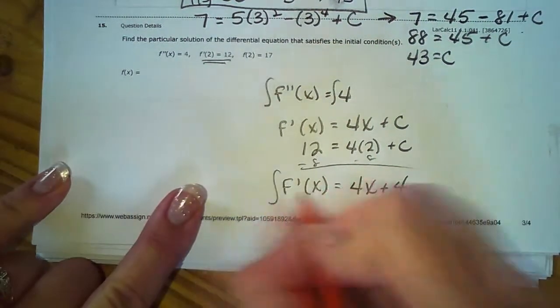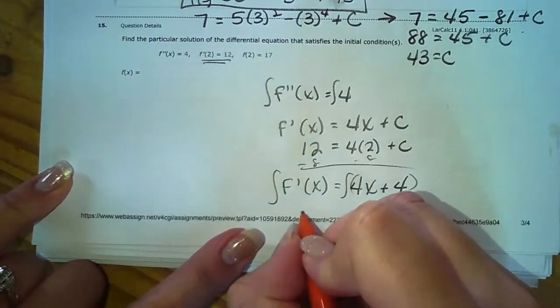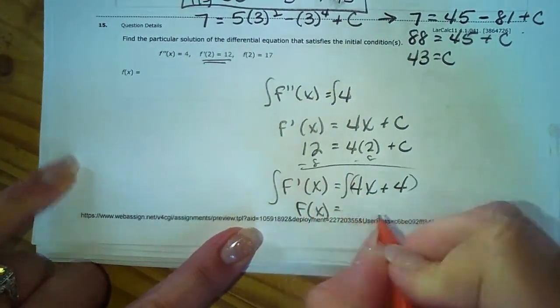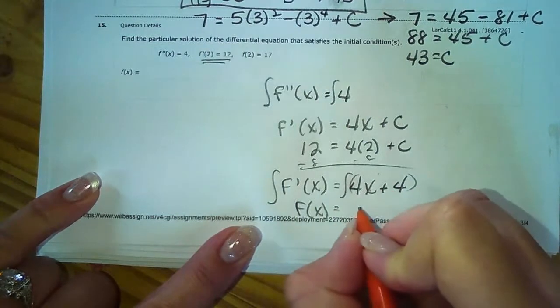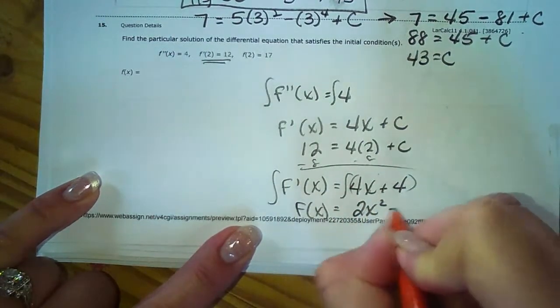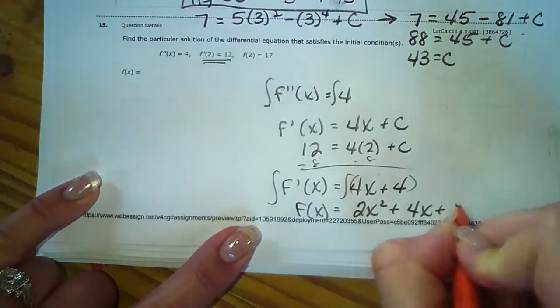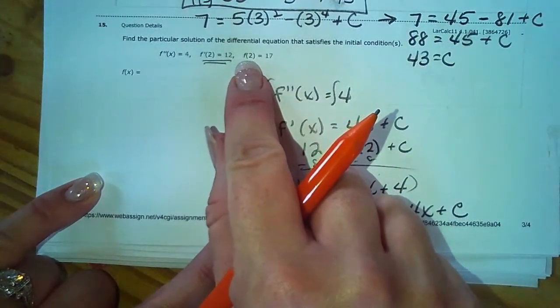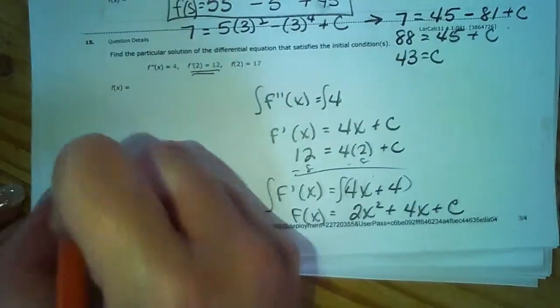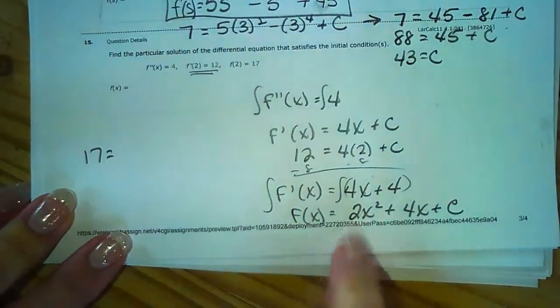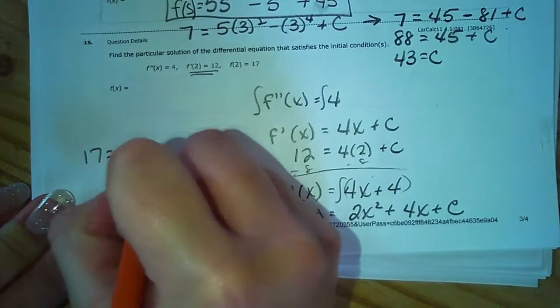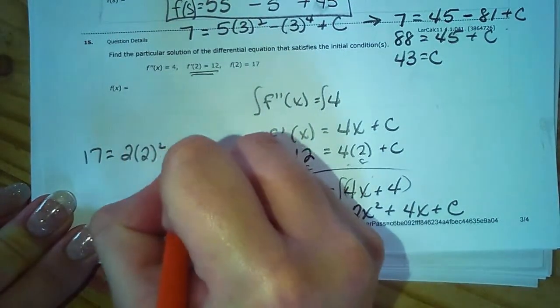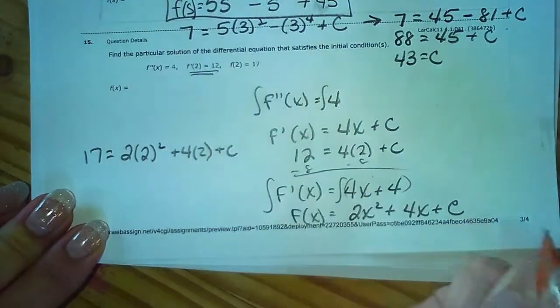Well, now I can integrate both sides again. And so I find out my original equation is 4x squared over 2, which is 2x squared, plus 4x plus c. And now I can resolve that one. So if I evaluate at 2, I'll get a 17. So 17 equals 2 times 2 squared plus 4 times 2 plus c.